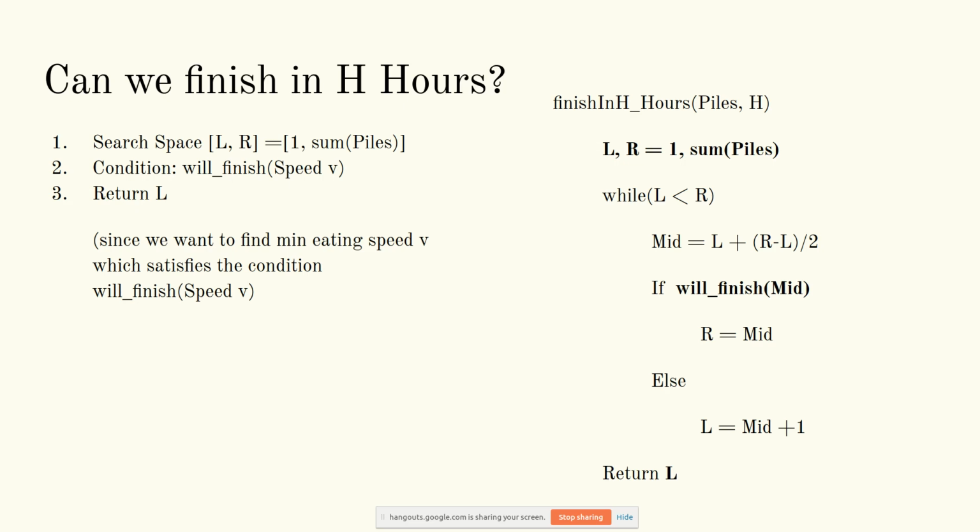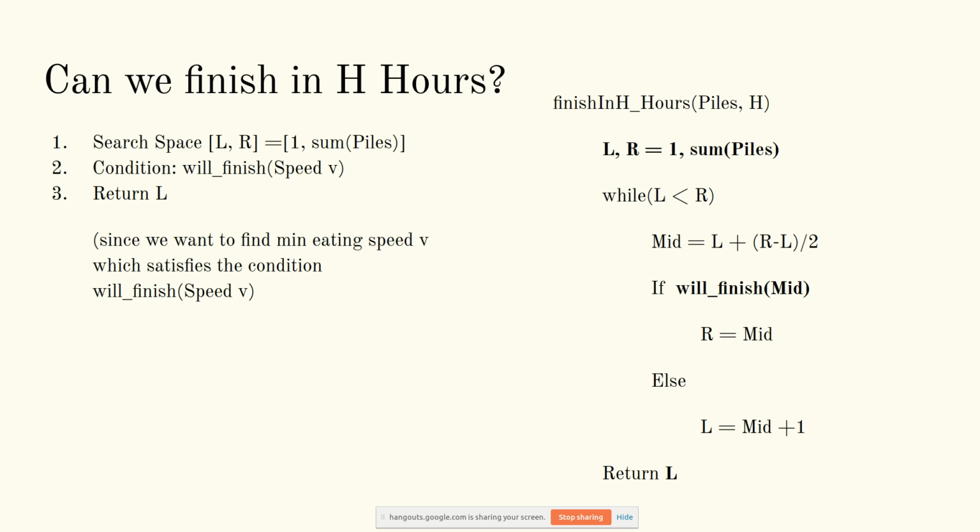So the question here is, can we finish all the piles of banana in h hours? So we have defined our search space, which is L equal to 1, R is equal to max of piles, and the condition will be will finish for a given speed, and we return L since we want to find the minimum eating speed which satisfies the condition.